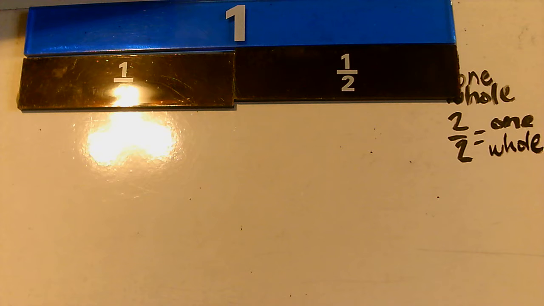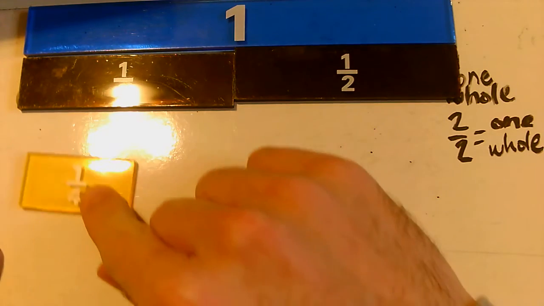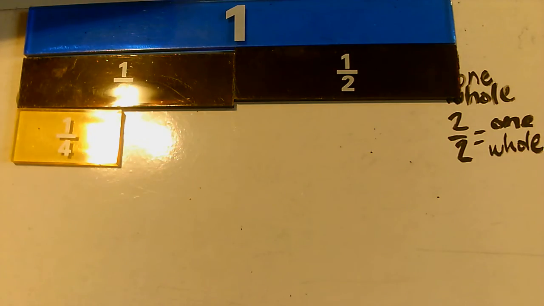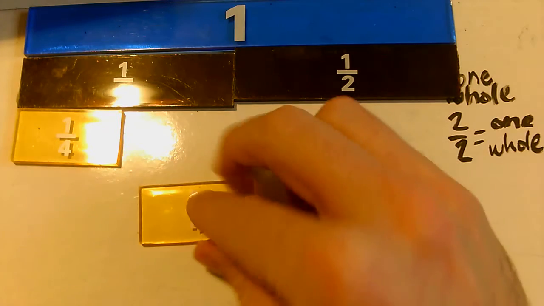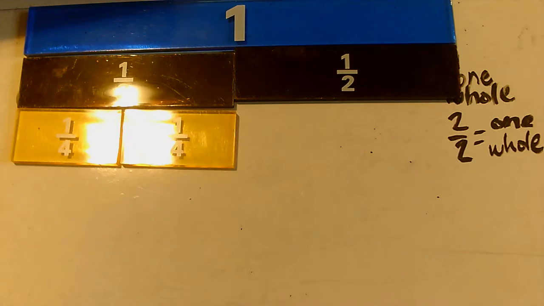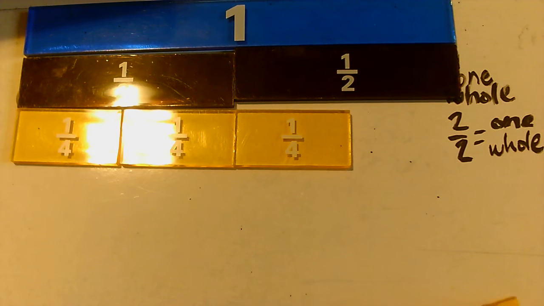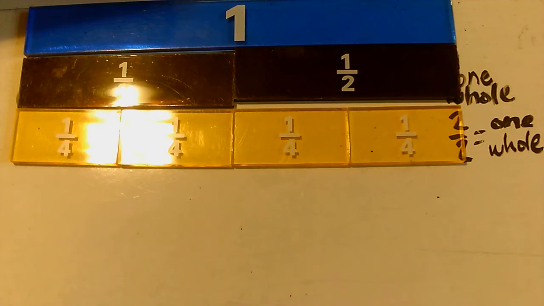Here's another example if I was counting by fourths. Well, right now here at the beginning of my number line I have 0, right? But now I have 1/4, I have 2/4, now I have 3/4, and I have 4/4.